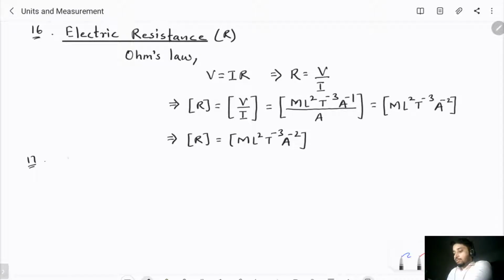Let us see for torque. So the torque formula is, torque is represented by tau, the symbol.